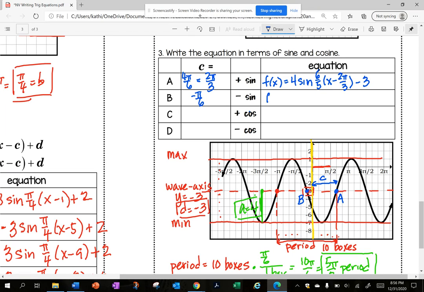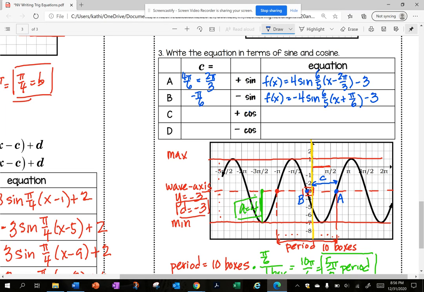So substituting into my equation, I get f of x equals minus 4 because I'm flipped, sine 6 over 5, and it's x minus negative pi over 6. So this is x plus pi over 6 minus 3.